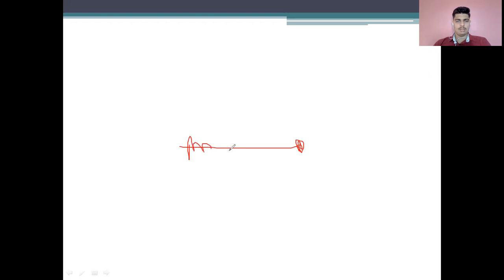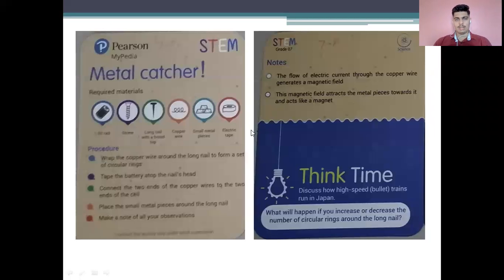If there are more rotations of coils, meaning more wire wound around the nail, more magnetic field would be generated, and the strength of this electromagnet will be greater, so the power of that electromagnet will differ.